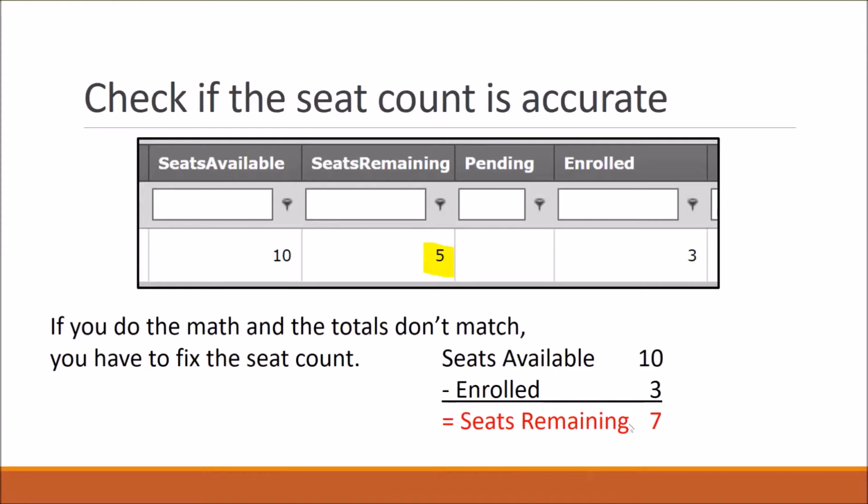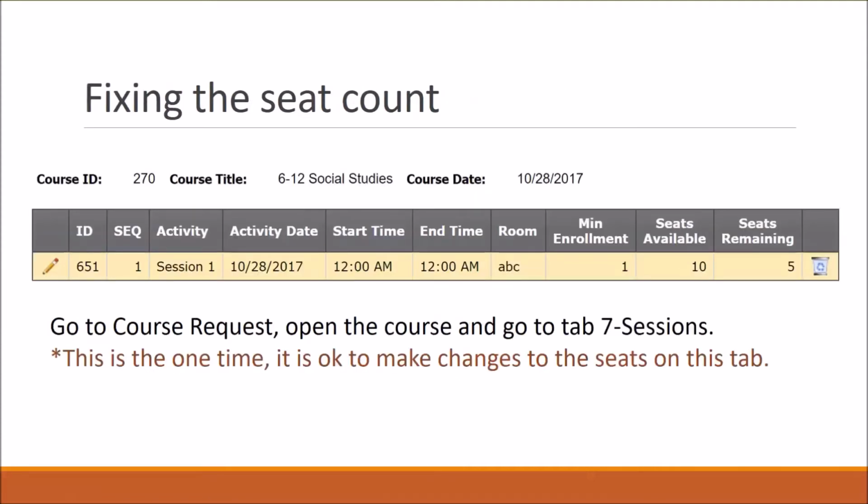So this is a way to help you find out if things aren't accurate, so that you can address the issue to move forward. We know there's an issue with this course, and if we wanted to add seats, we need to fix the issue first. So the next step would be to go back to Course Request and go to tab 7. This would be the only time we would advise making changes to the seats on this tab once a course is open.